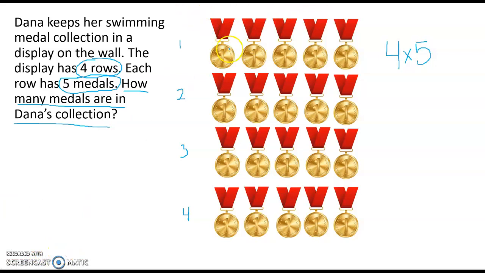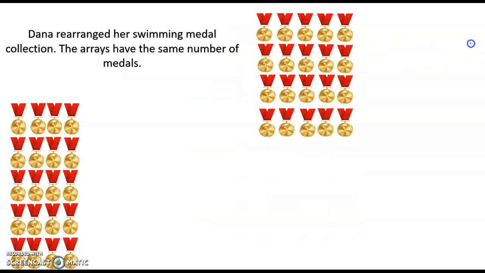We know that we can count by 5s because we've got 5 in each row. So 5, 10, 15, 20. 4 times 5 equals 20. So we just solved a problem setting up the medals in 4 rows, 1, 2, 3, 4, with 5 in each row.